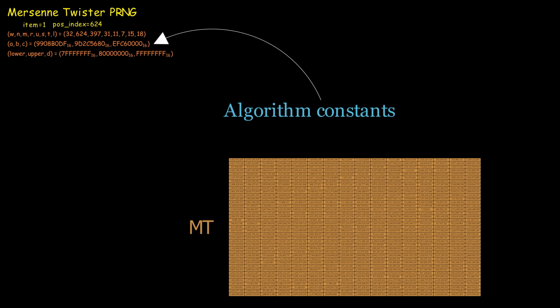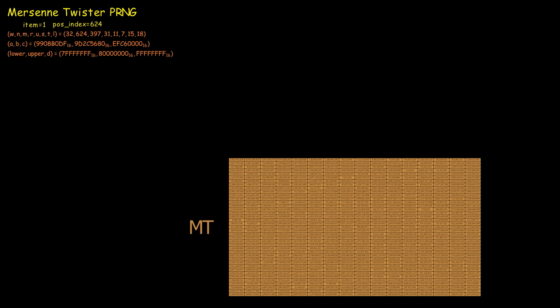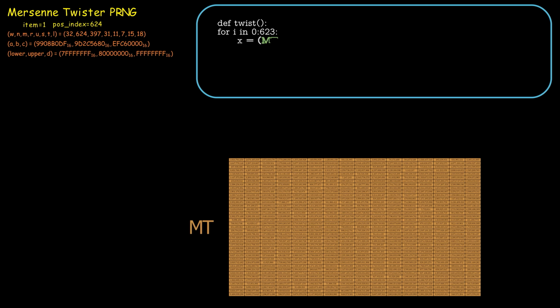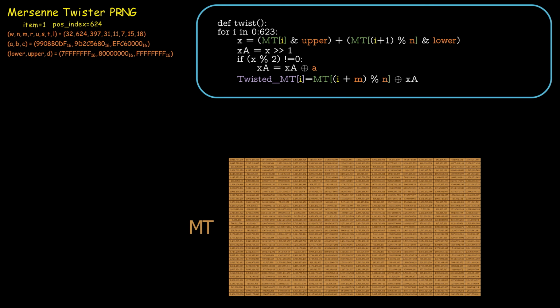Now here are the algorithm constants. There's a different set of constants for a 64-bit implementation, but as we mentioned, we're looking at a 32-bit one. As you already know, the twist step will twist each of the 624 numbers in the grid, and it will do so by running through the loop above, letting I take on values from 0 to 623.